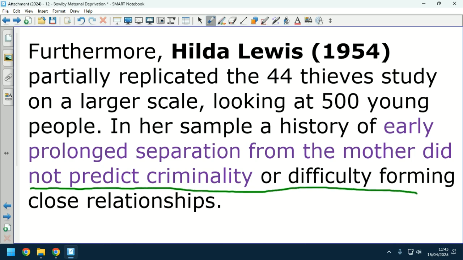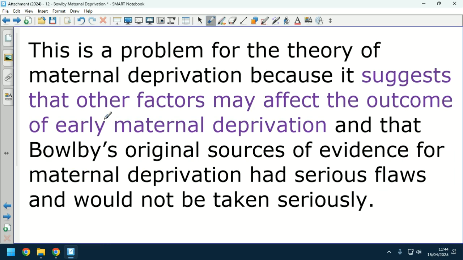It's not quite a replication, but it is trying to look at the same type of thing, this time with a much larger group of children, and we see that there is no prediction of criminality or any type of difficulty forming relationships based on their prolonged separation. So really important to remember Hilda Lewis.